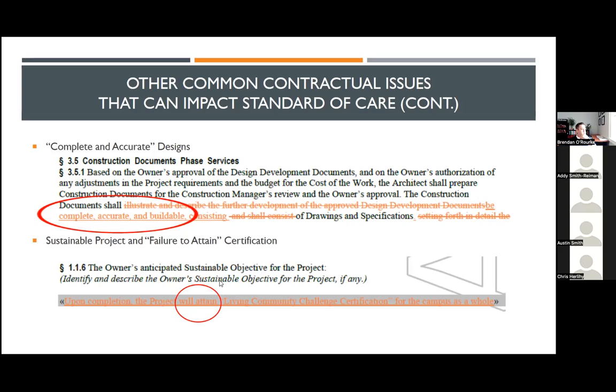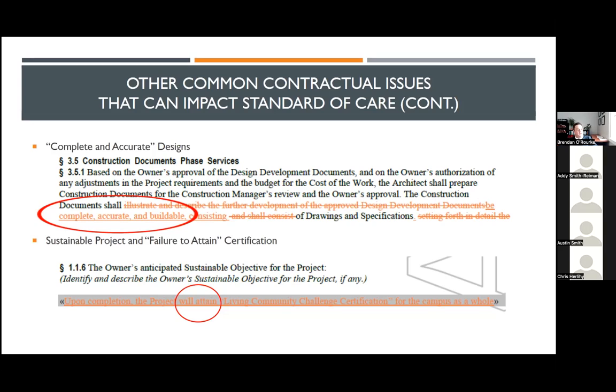This is contract language speaking to the fact that upon completion, the project will attain some certain level of certification that the owner wanted for the campus as a whole. And you as a design professional agreeing to something like that early on in the project, without knowing the extent of who the contractor may be, or who the contractor's subcontractors may be.